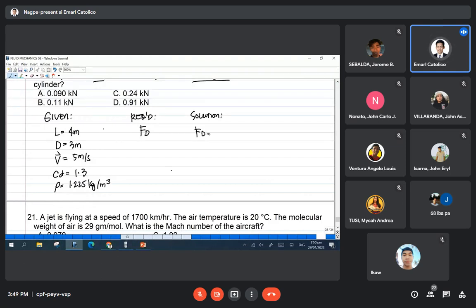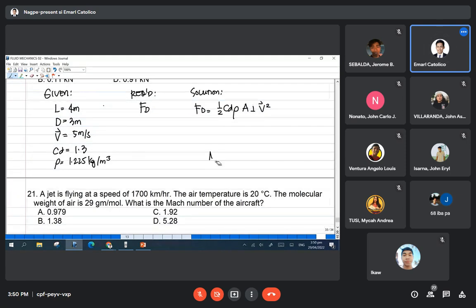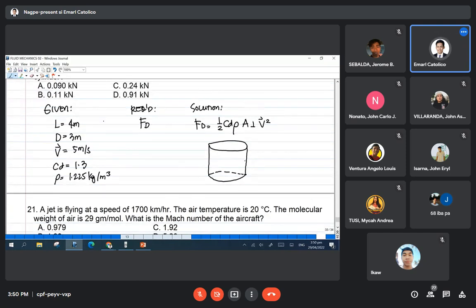Formula ng drag force is 1/2 times CD times density times area perpendicular times V squared. Let's say meron tayong cylinder.